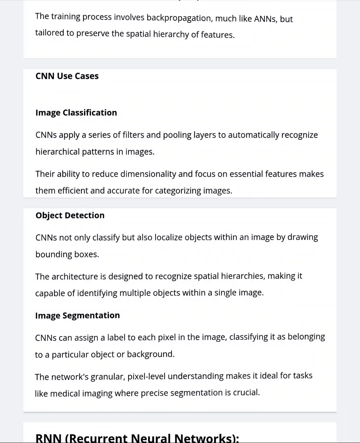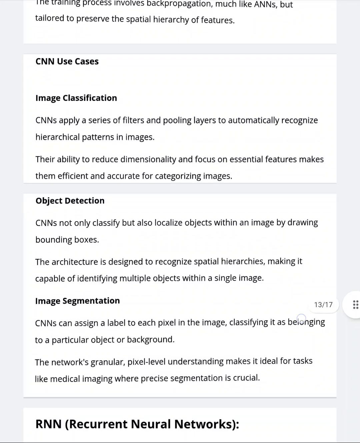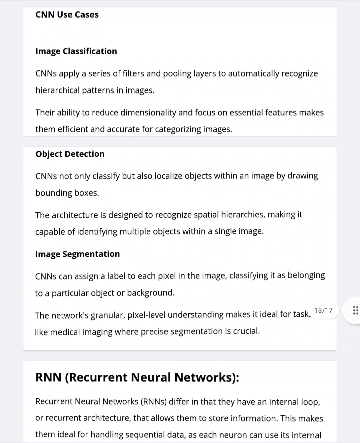For example, when we have our camera, it detects our face, it detects the faces of the person, and a square shape is formed for the faces in the image. Then you have image segmentation, where the CNN can assign a label to each pixel in the image, classifying it as belonging to a particular object or not. So it takes care of the minutest details in the image.